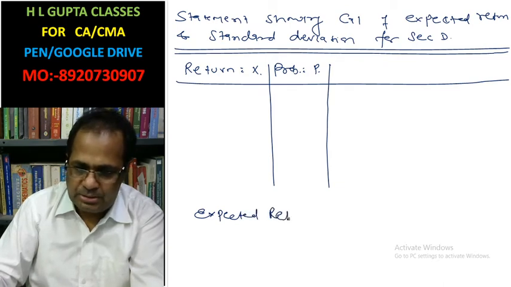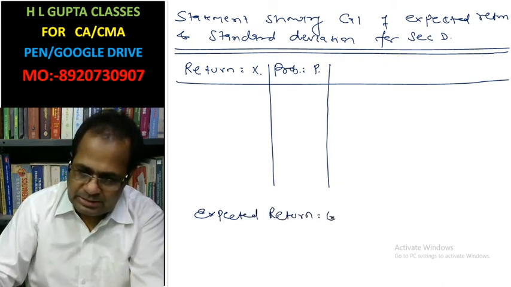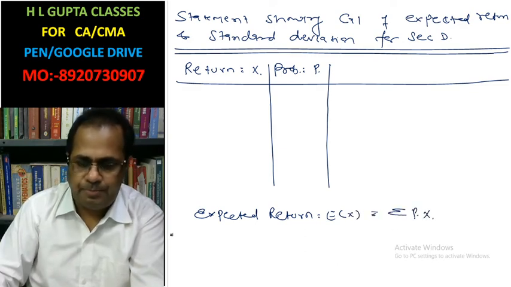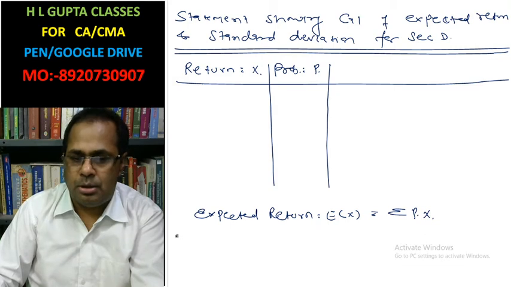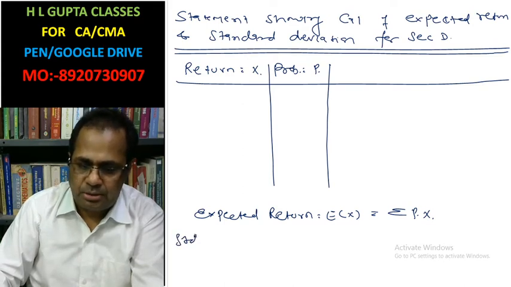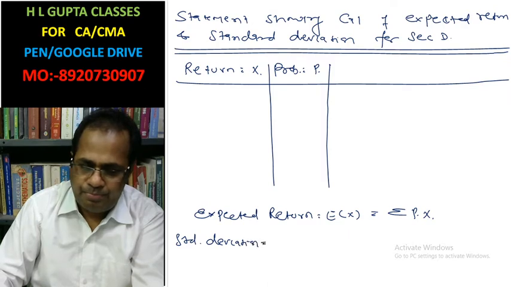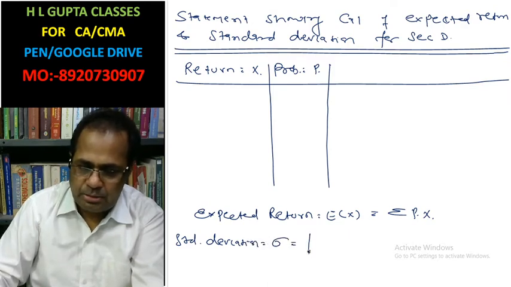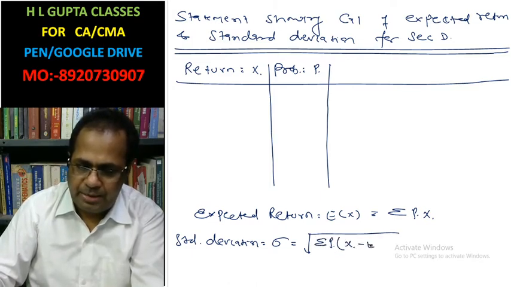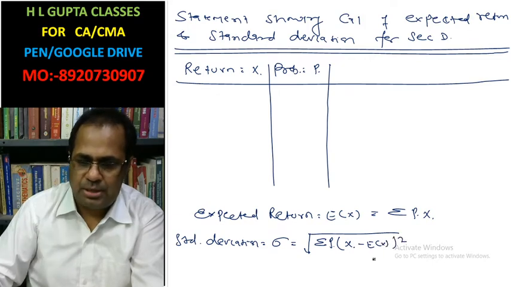Expected return means summation pi xi, and thereafter standard deviation. This is represented by root under summation pi times (xi minus expected x) whole square.